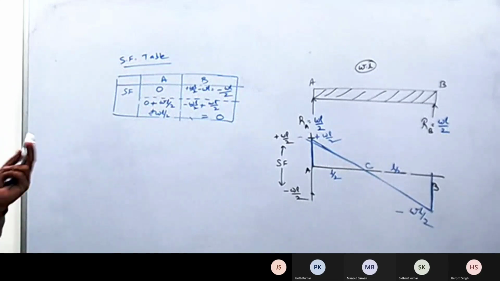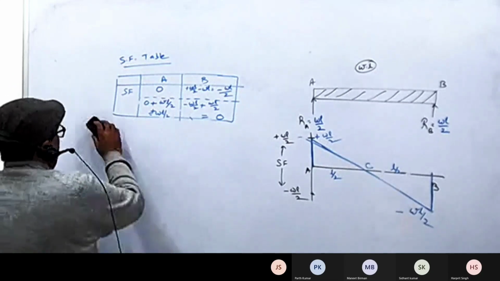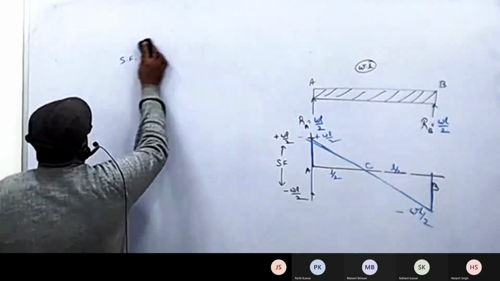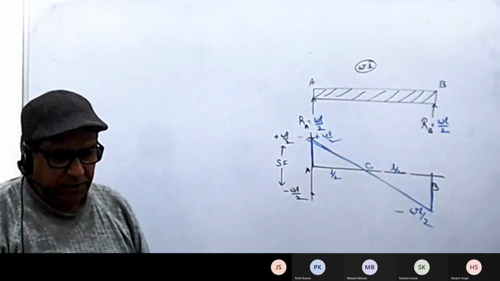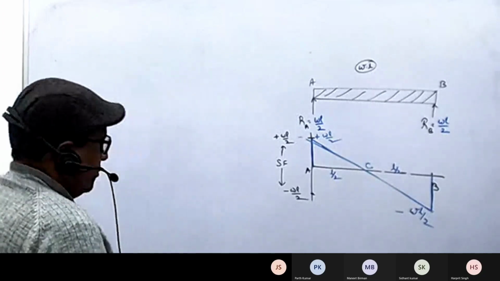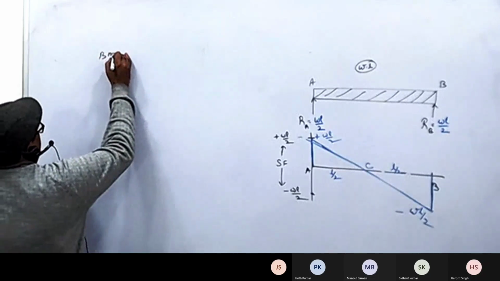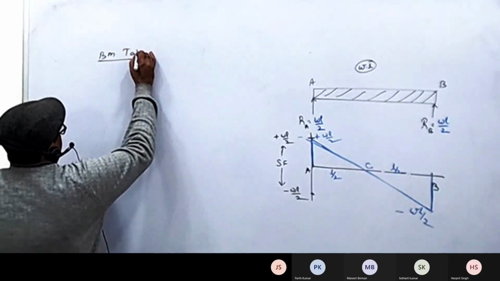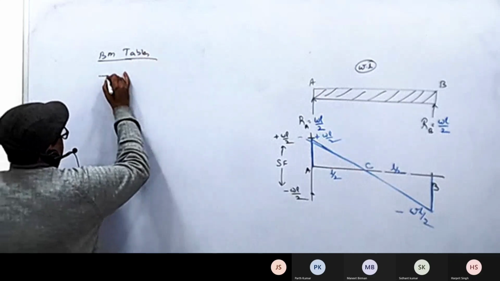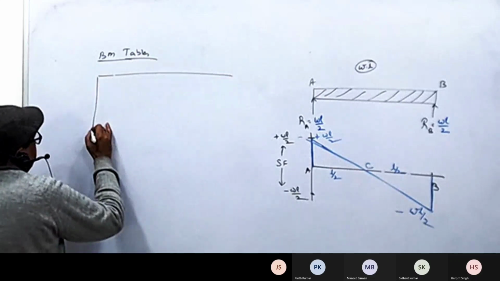So having drawn the shearing force diagram, now we'll make the bending moment table first. Obviously point C will have to be included basis our discussion. So we'll make the bending moment table for A, C, and B by areas under the shearing force diagram. You can write that and complete the expression.